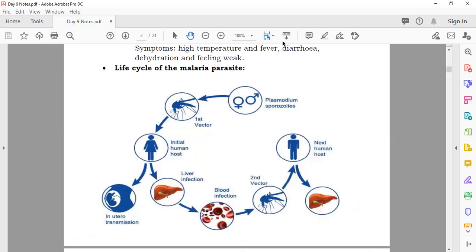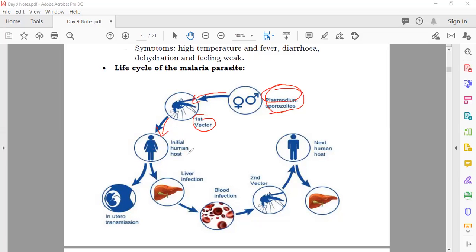Now, this is a plasmodium. In the form of sporozoites, it is found here outside. Then the first vector, the first carrier of this one, is the mosquito. It goes inside the mosquito, then the mosquito bites a human, and then it transfers it to the human.